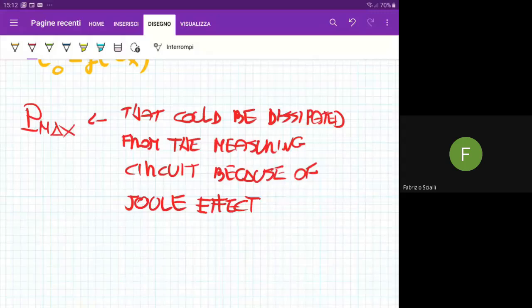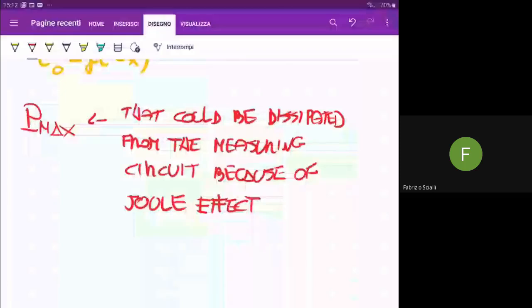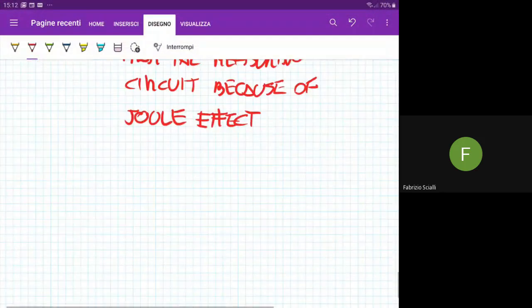And then we increase temperature. So we have to introduce the maximum power that could be dissipated in your circuit from the Joule effect. How can we do that? Very easy.